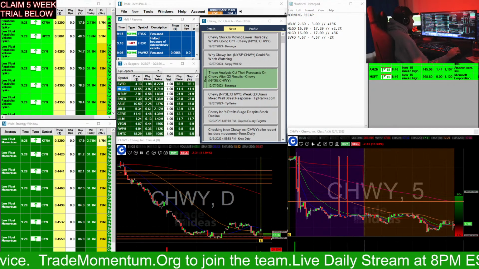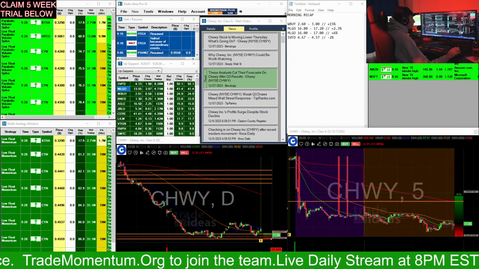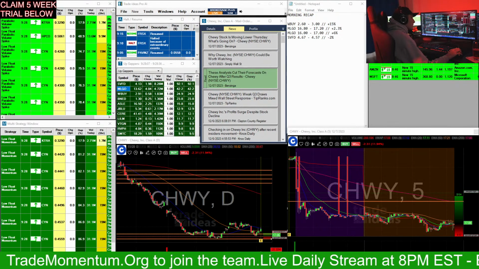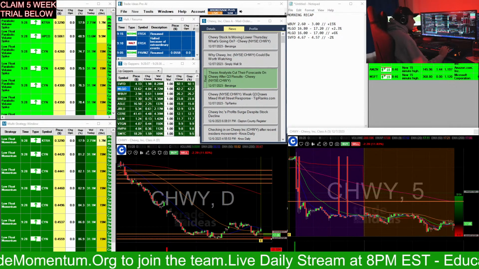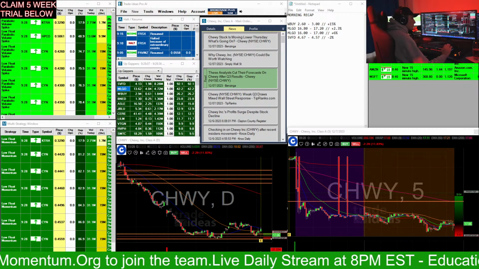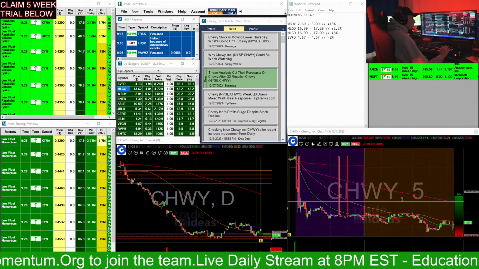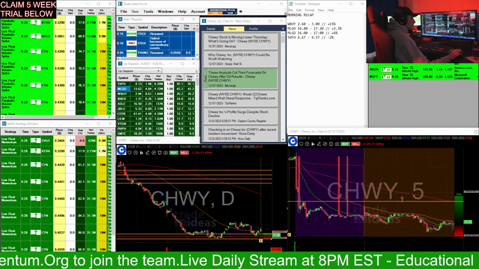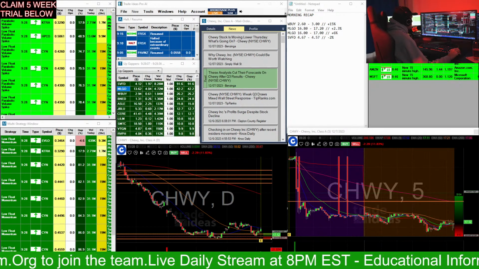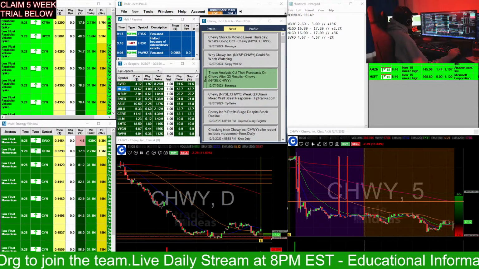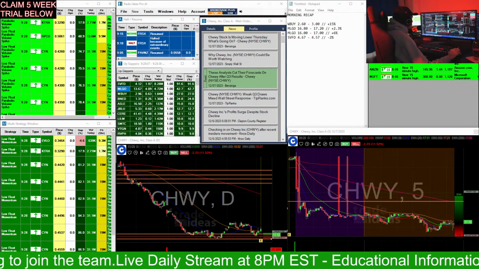If I can nail some Chewy here at the open, y'all. If these sellers want to come in heavy, if it starts to get bought back up off the flush, I like to play ball. Big seller right there before open at 9.25.